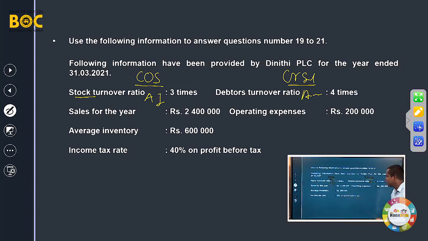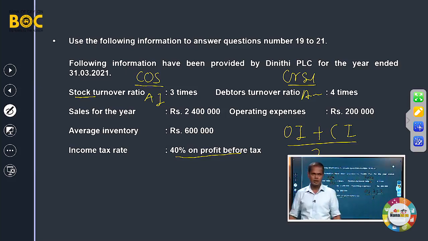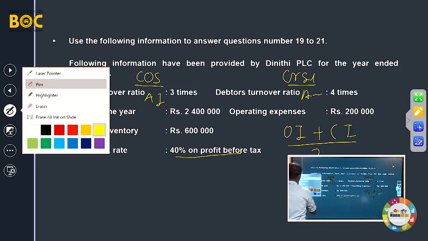The average inventory is opening inventory plus closing inventory divided by 2. The tax rate is 40% on profit before tax. Right, those are the information given.